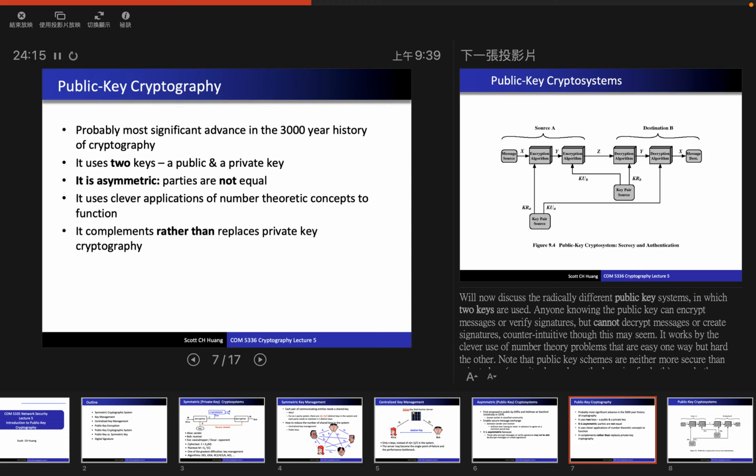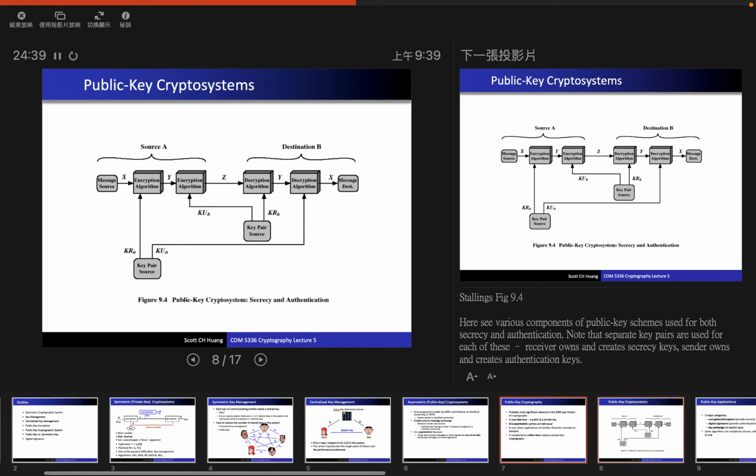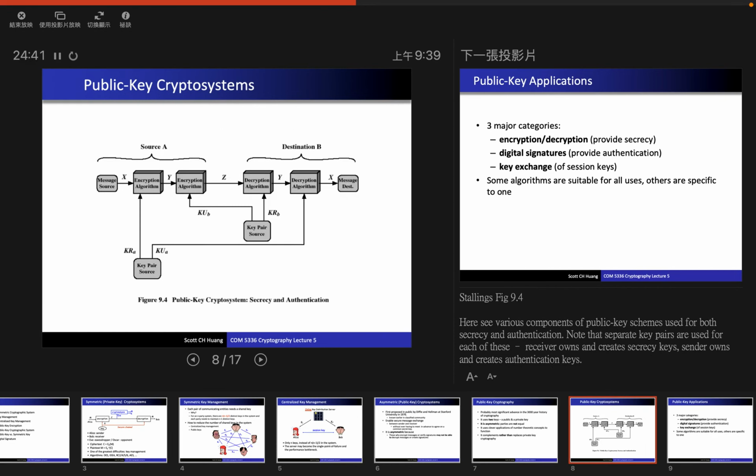This pair of keys can be used in other scenarios as well, for example digital signature, which is really important. So it complements private key cryptography. It does not replace private key cryptography. It complements.